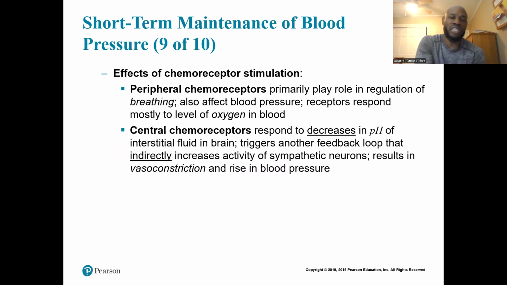We also have chemoreceptors. They can regulate breathing and respond to oxygen levels in the blood. So if my blood oxygen levels are low, I need more oxygen, I need to breathe more, breathe faster.